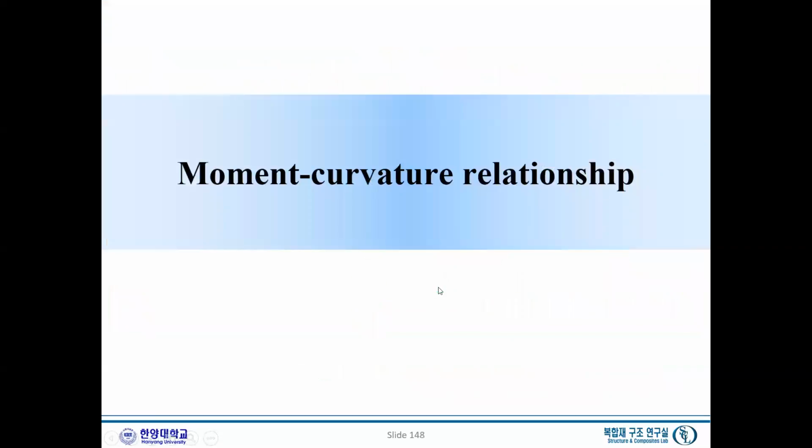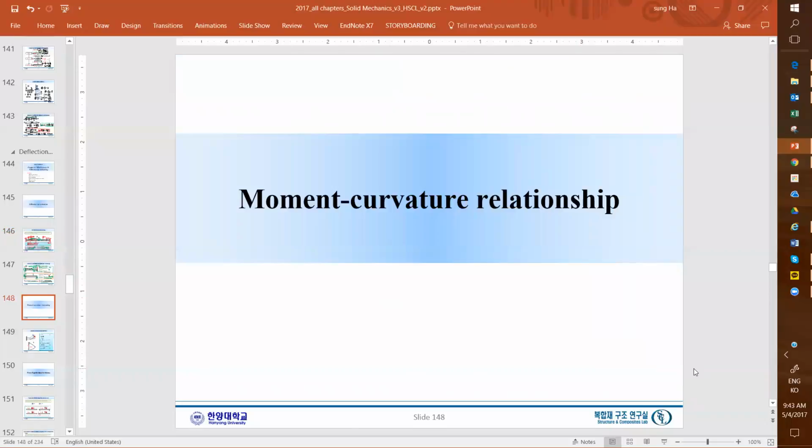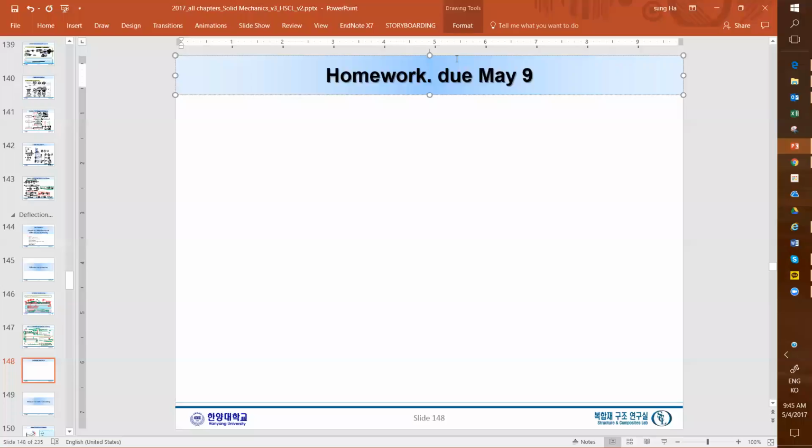Okay, that is what we want to do in these chapters. That is the sections that we want to cover today.